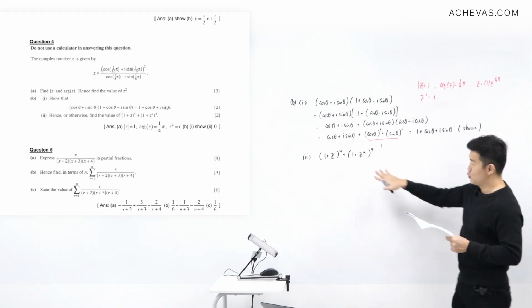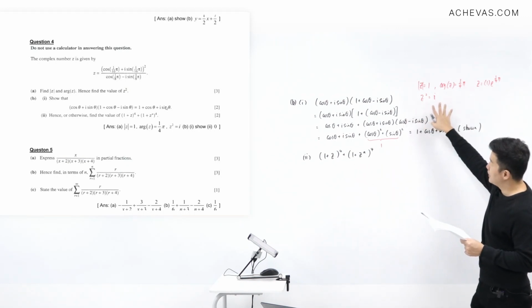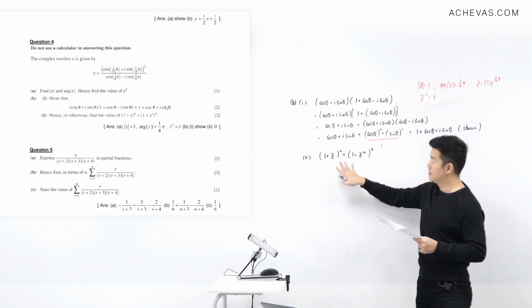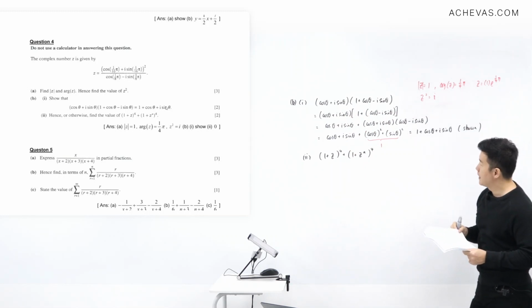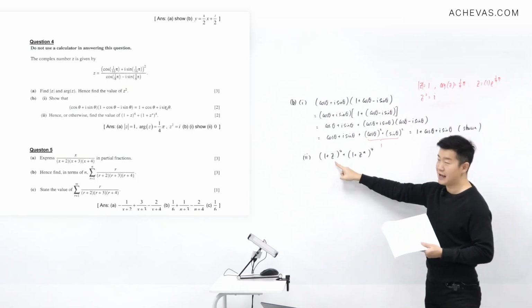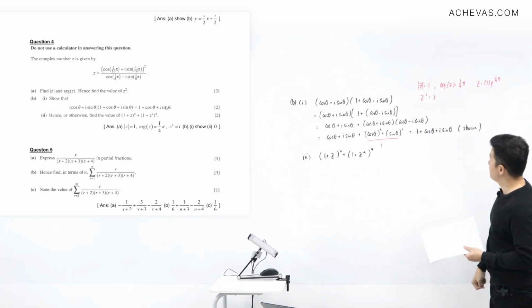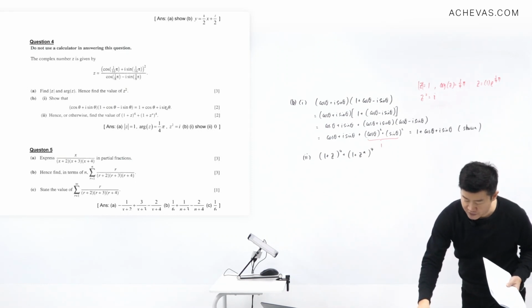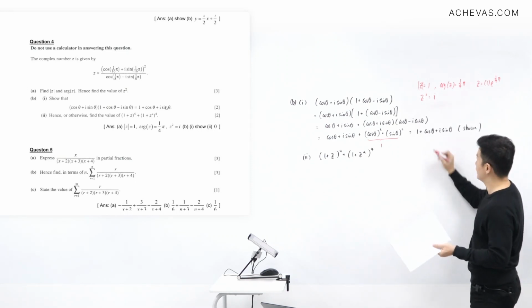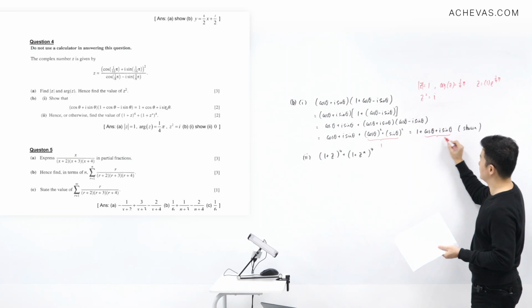Let's see what we can do based on what we know about part A and part B part 1 to try to see whether we can evaluate this as quickly as possible. I am going to try to see z as if it is cosine theta plus i sine theta.